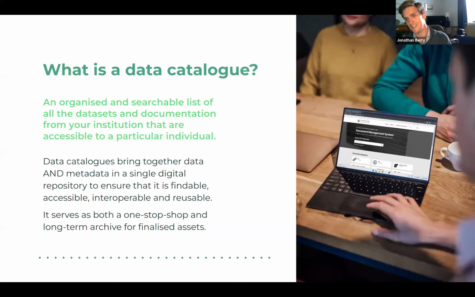They bring together data and metadata into one place, into one repository, and they make sure that it is findable, accessible, interoperable, and reusable. And so it acts as a one-stop shop and a long-term archive for all those finalized static assets that you are probably already producing, already creating, already approving.